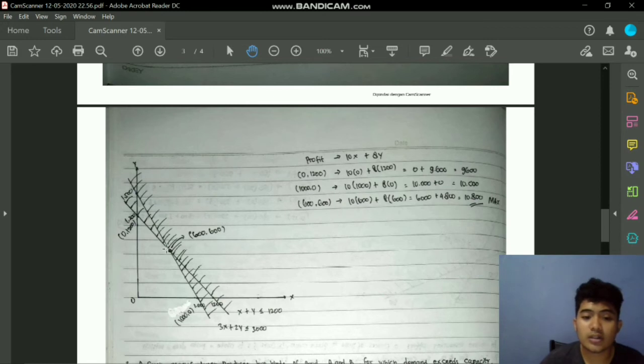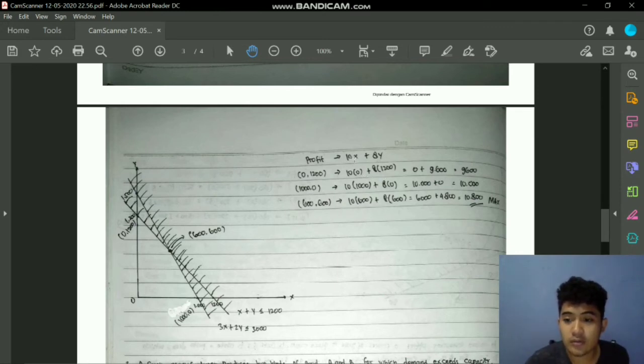So we get the middle point 600 and 600. We get the coordinate points 1000 and 0, and 0 and 1200. And we search for the profit, which is 10x plus 8y.